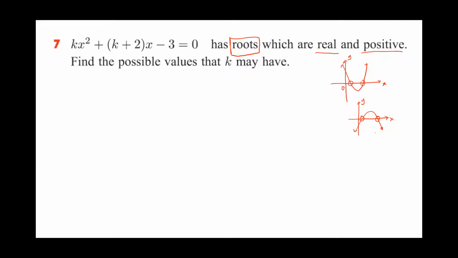Agree? Okay. So now you tell me, what is the first thing that I have to do? What is my delta? My delta has to be, is it above or equal? Greater than 0. Well done.